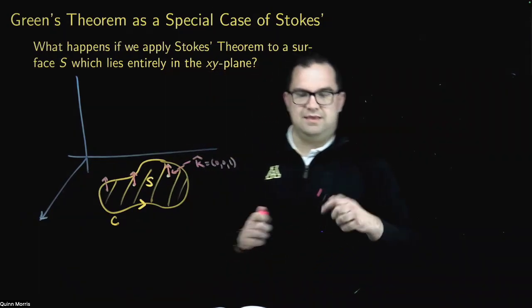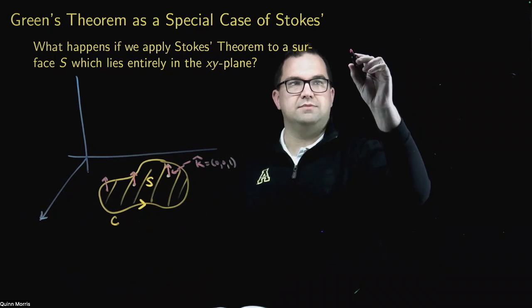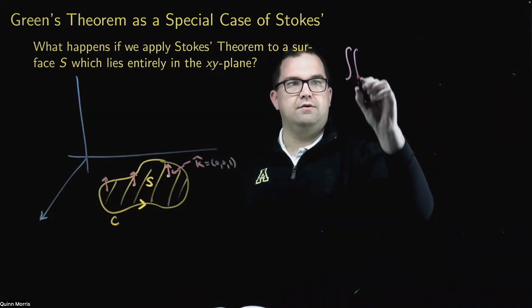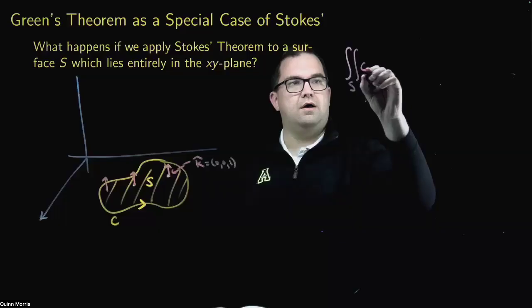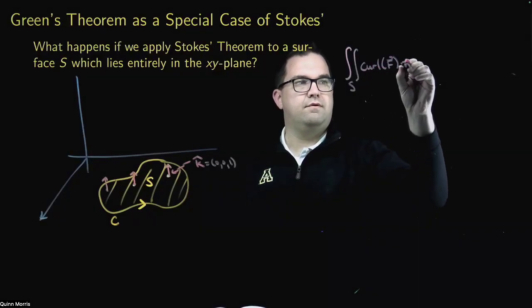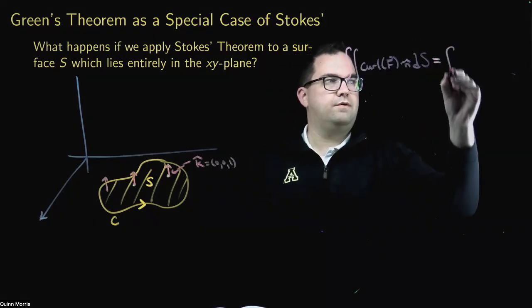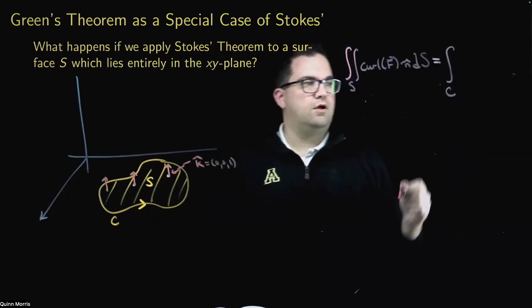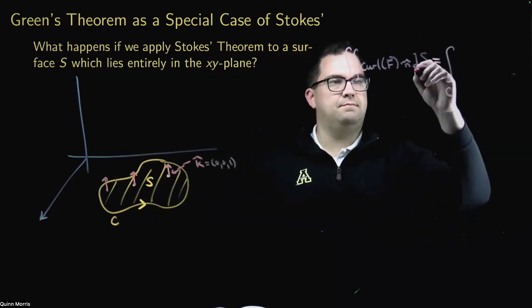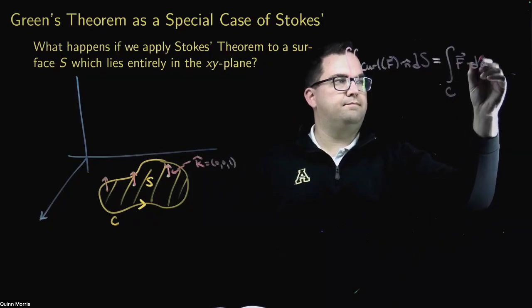So let's think then about Stokes' theorem, or just the formula that comes out of it. We get that the surface integral of the curl of F dS is equal to the line integral over the boundary C of F dα.